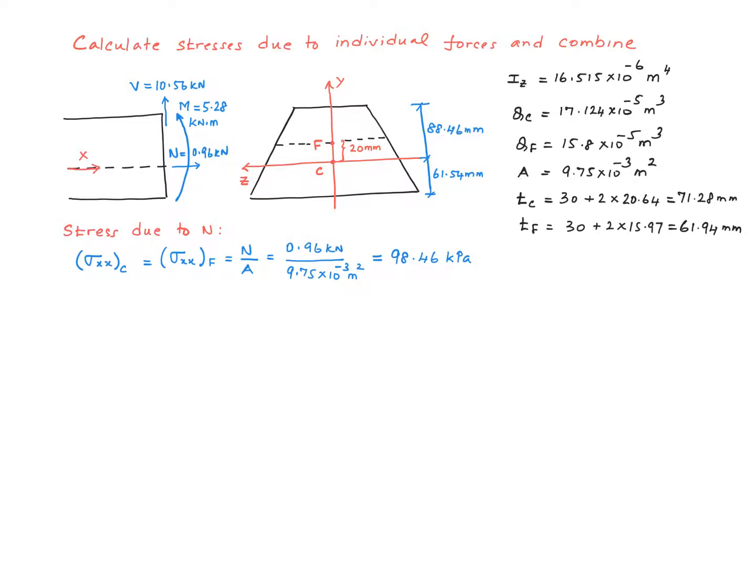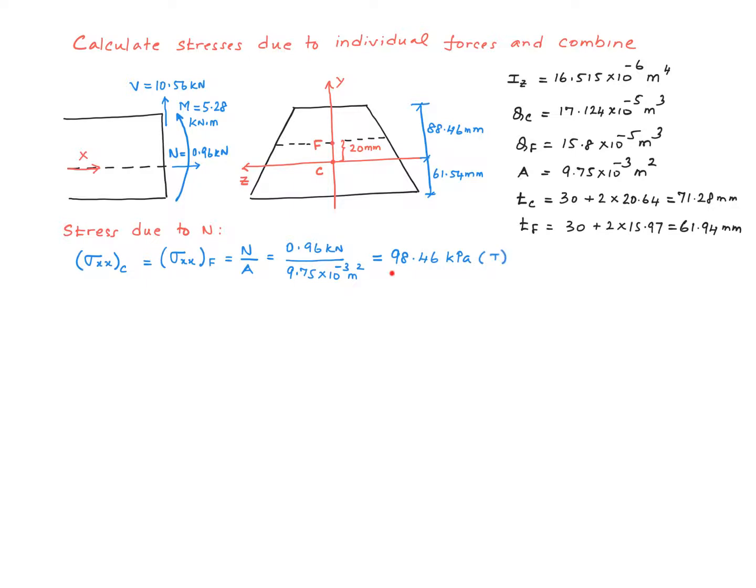Second, we know that the stress across the cross-section is uniform, and therefore the stress at point C and the stress at point F are equal to each other. Magnitude, of course, is force divided by the cross-sectional area. The force is 0.96 kilonewton, and the area is 9.75 times 10 to the minus 3 meters squared. So that gives us a stress of 98.46 kilopascal.